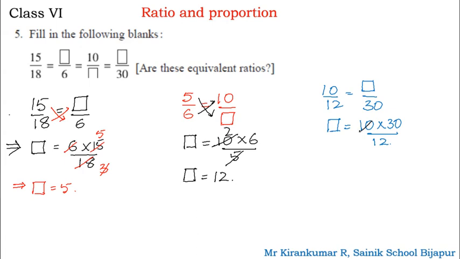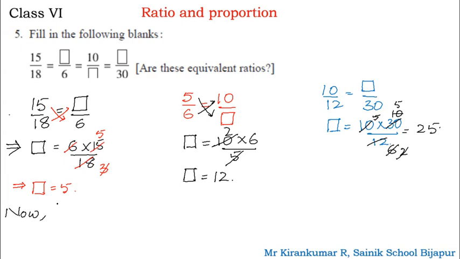We can simplify this further. 2 5 times, 2 6 times, 3 10 times, 3 2 times, 2 5 times, we get it as 25.